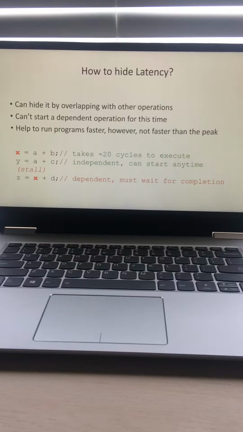But it has its limitations. We cannot start a dependent operation in this time. It also helps to run the program faster, but it has this limitation: it can never run faster than the peak.